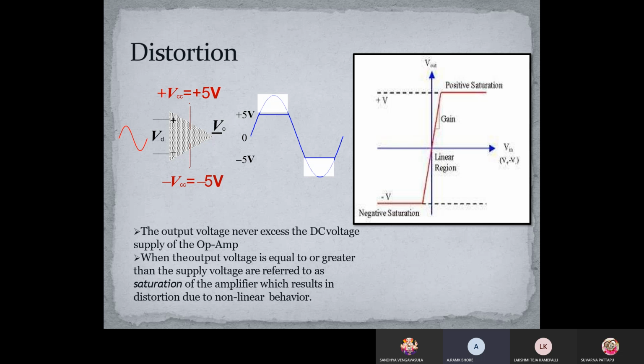Here we have the difference voltage VD and V naught. The output voltage never exceeds the DC supply voltage of the op amp. If it exceeds the supply voltage, it will create some distortion, that means some noise within the op amp, and that is called distortion.